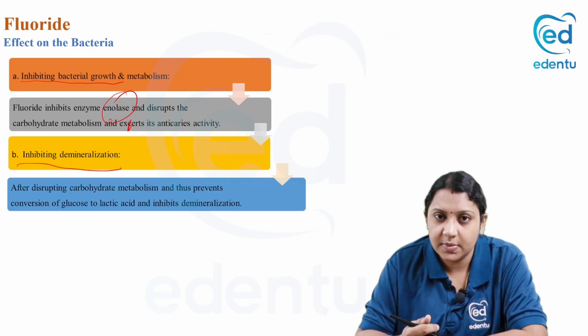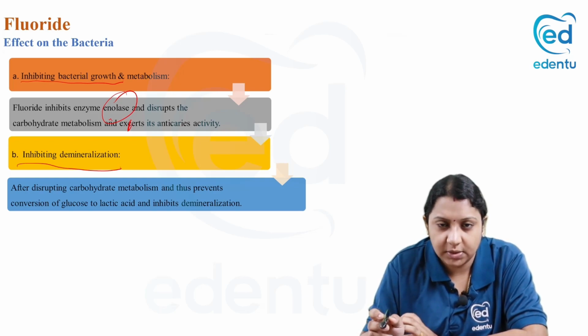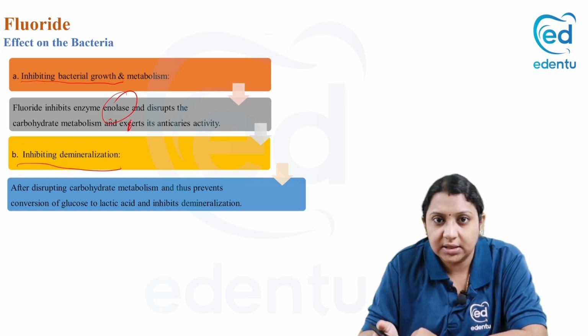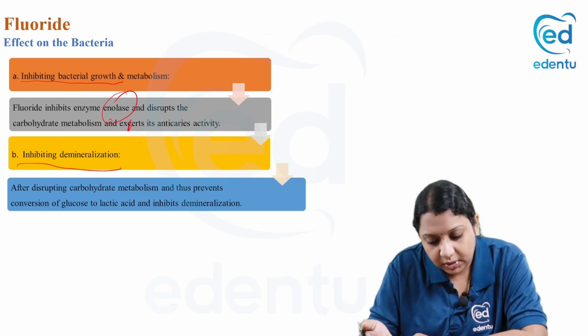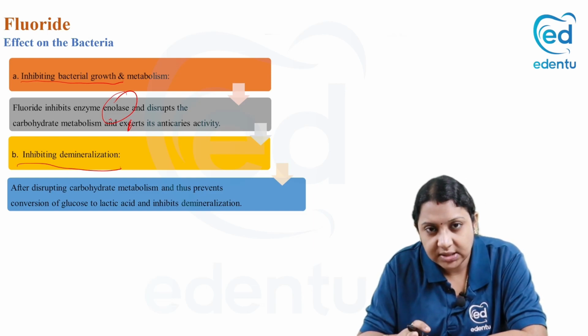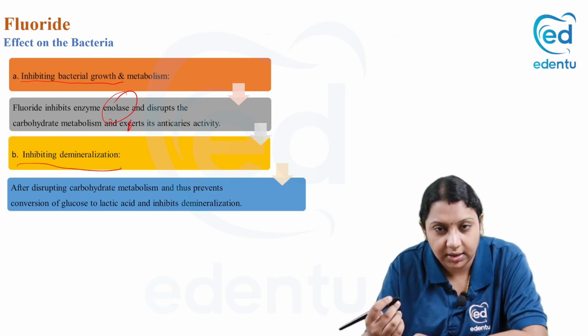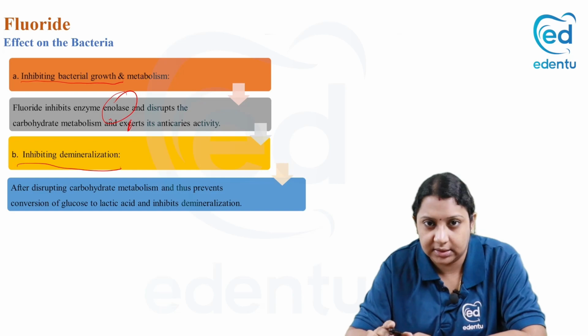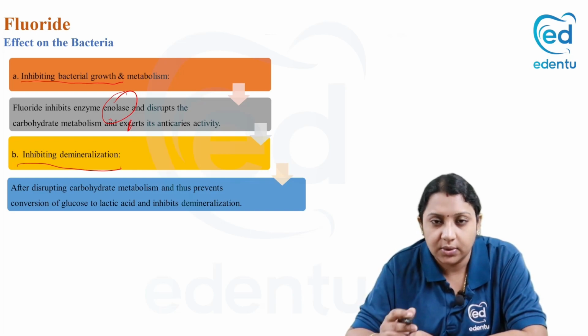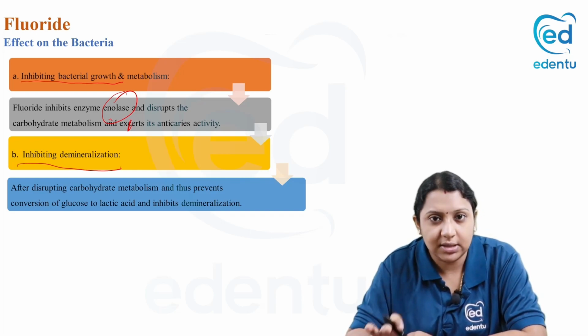So first it inhibits the bacterial growth and metabolism. Later it inhibits the demineralization. How does demineralization occur? It converts glucose into lactic acid or any other acid like butyric acid, or propionic acid also in small amounts. But the main acid is lactic acid.